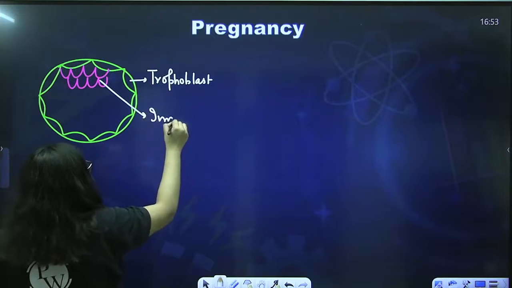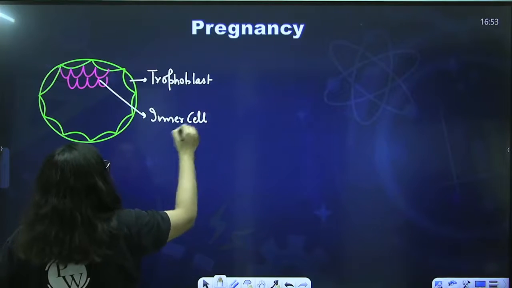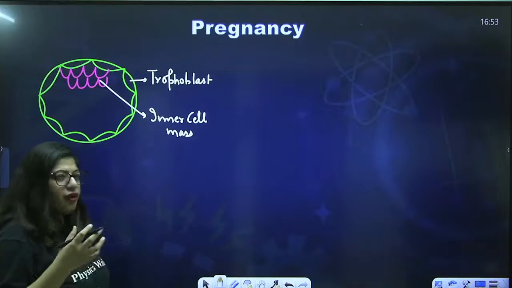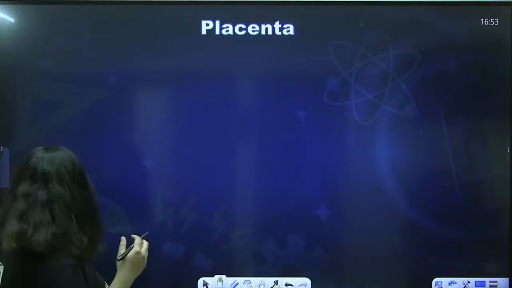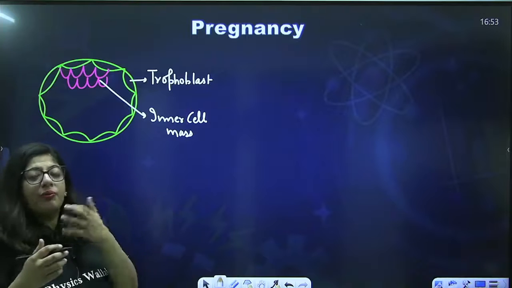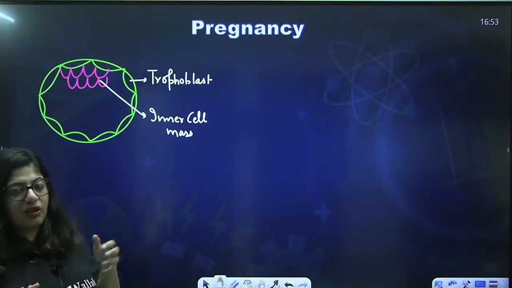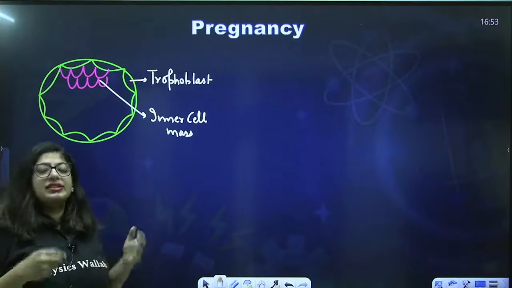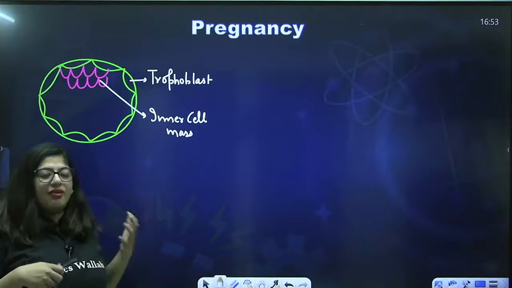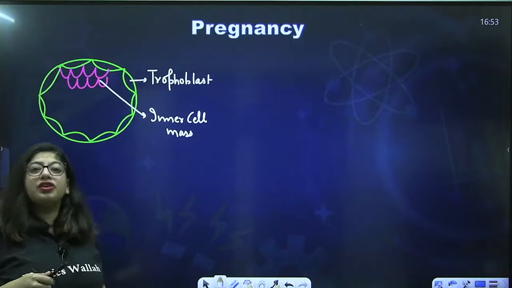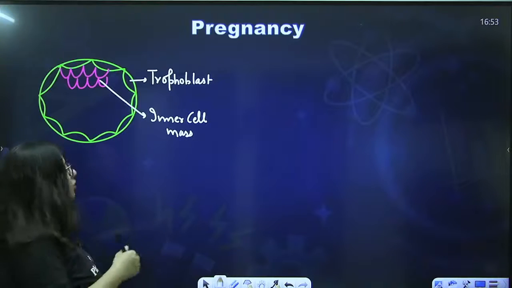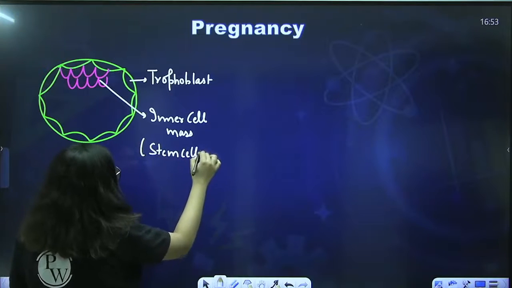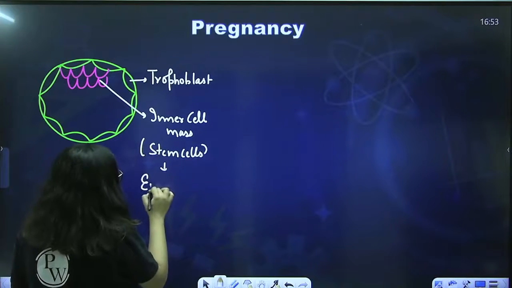As I have told you in the previous class also, inner cell mass is the cluster of cells which will form the entire embryo. How can it form the entire embryo? Because it has stem cells. What are stem cells? These are the cells that have the property that they can be converted into any type of cell, right? So these are like stem cells and they form the embryo.